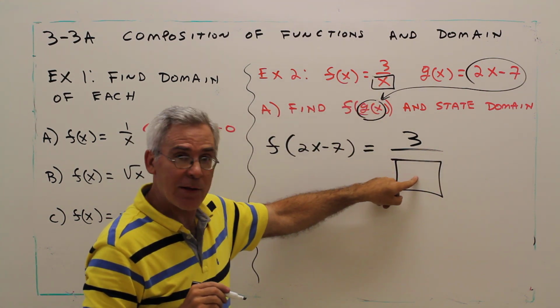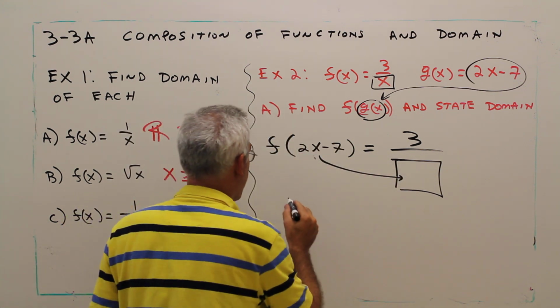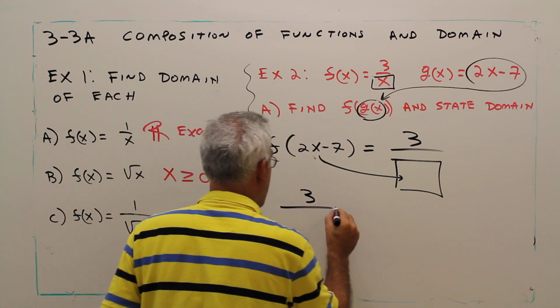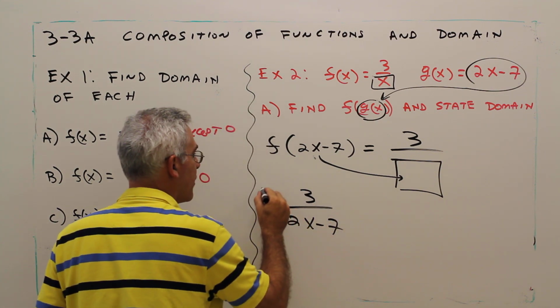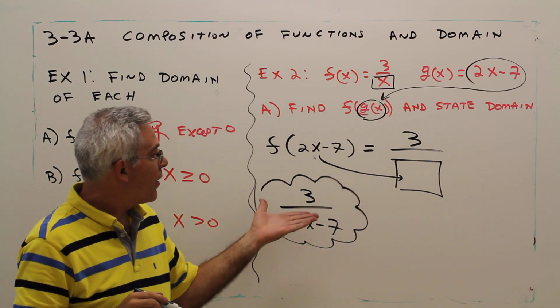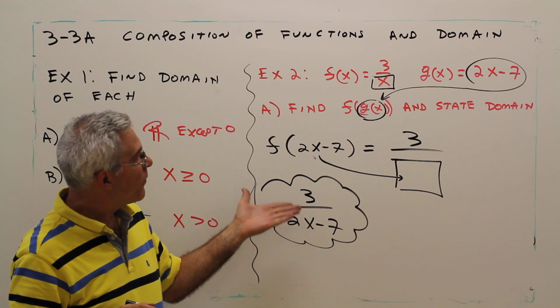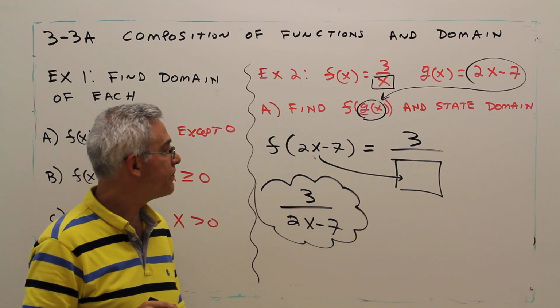And what goes inside the input box is this quantity right there. So I'm going to write it as 3 over 2x minus 7. And that's my answer. That is f of g of x, 3 over 2x minus 7.